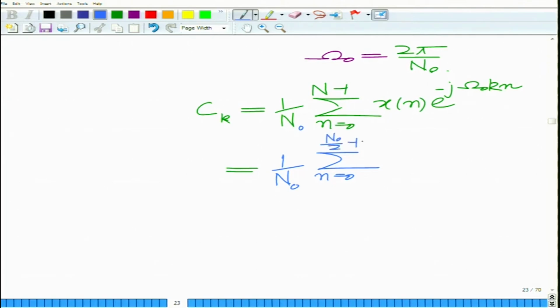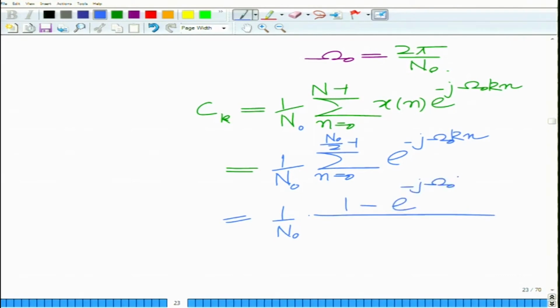So, summation n equal to 0 to N naught by 2 minus 1, x[n] is 1, e raised to minus j omega naught k n, which is basically 1 over N naught times 1 minus e raised to minus j omega naught k into N naught by 2, over 1 minus e raised to minus j omega naught k.